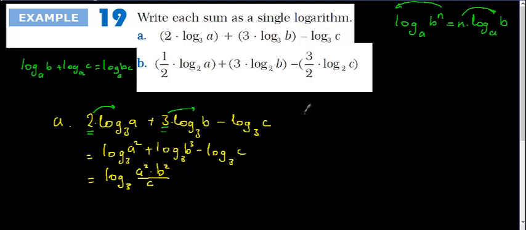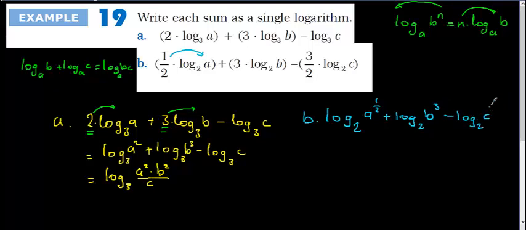For the second one, b, logarithm base 2 of a to the power of 1 over 2, plus logarithm base 2 of b to the power of 3, minus logarithm base 2 of c to the power of 3 over 2.